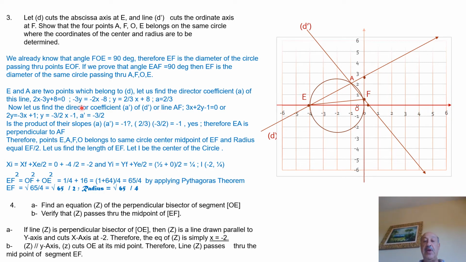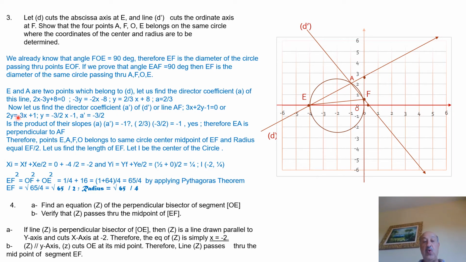So the trick is to solve for y in terms of x. Don't say 2 is the coefficient of x and is the slope. No, you have to solve for y equals 2 over 3 x plus 8 over 3, to put it in the form y equals ax plus b, and a is the slope of this line. So a is equal to 2 over 3.